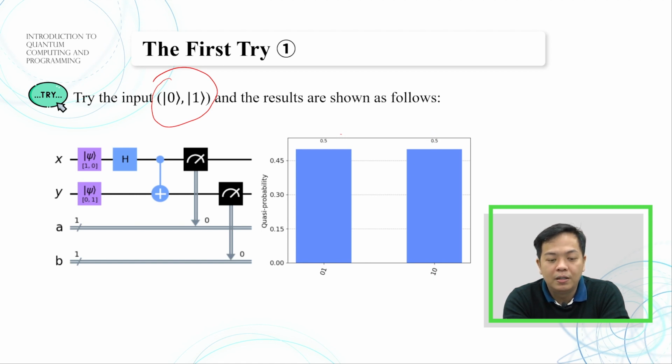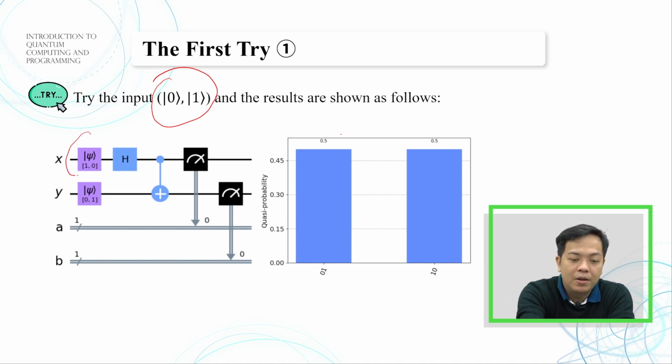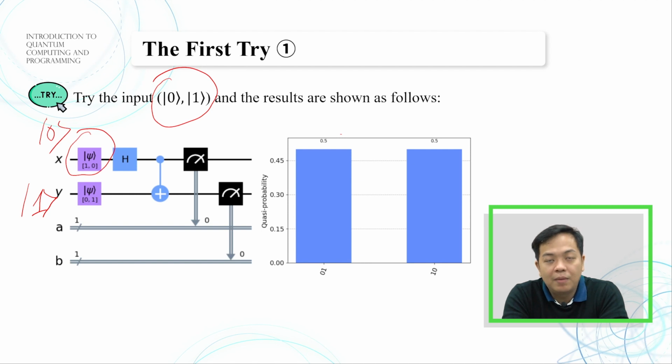So here we have an initial value, this is 0, and this is 1. After running through the quantum circuit, you can see the probability of appearing 0 1 is about 50%.